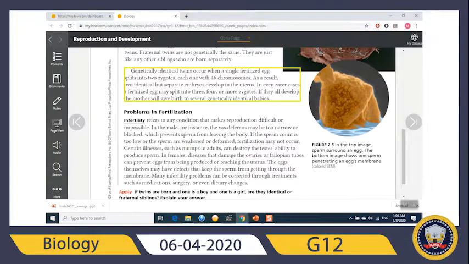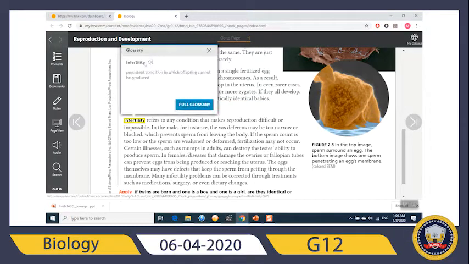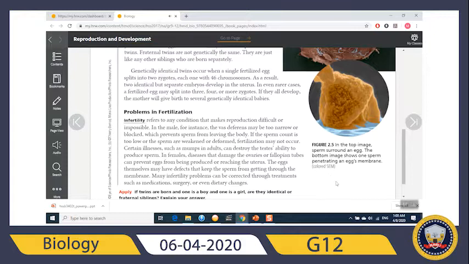Now, problems in fertilization. We have the major problem of infertility. Infertility: persistent condition in which offspring cannot be produced. Now, this is due to many reasons. For example, in males, maybe the vas deferens is too narrow, and if this is the case, the sperms will not leave the body. Maybe the sperm count is very low.